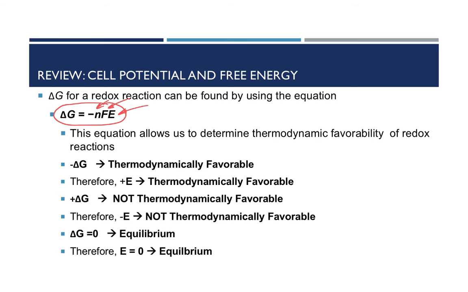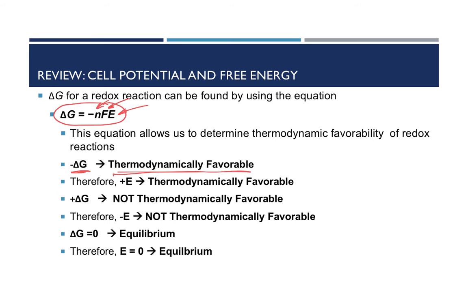That equation, because it relates to Gibbs free energy, allows us to determine thermodynamic favorability of redox reactions. A negative ΔG means our reaction is thermodynamically favorable or spontaneous.